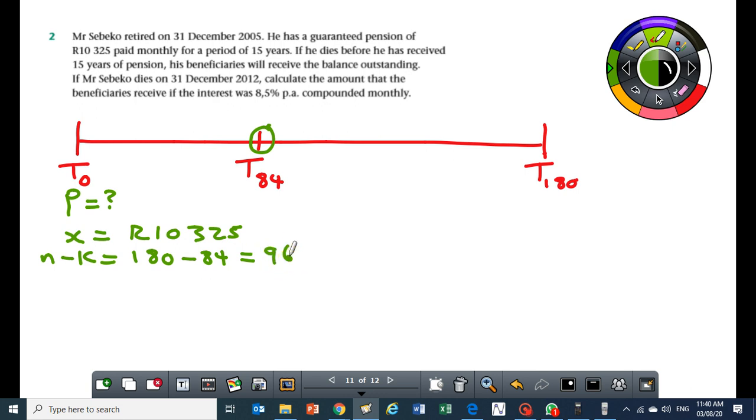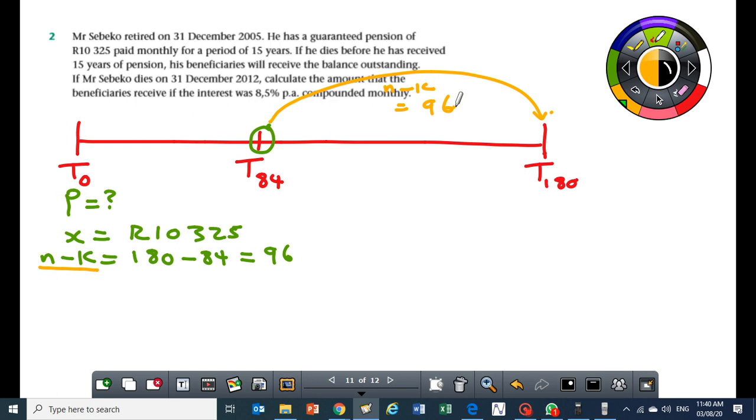Okay, it's very important for you to remember that the n that we put in the formula is not n, it's n minus k. That's very, very important. You can make a mistake there. So we are talking about from there up to there. So that's n minus k, and that's equal to 96.